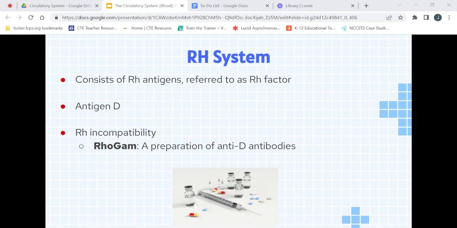When an Rh negative woman and an Rh positive man produce an Rh positive baby, the mother may be exposed to antigen D. A baby's blood does not normally mix with the mother's blood during fetal development. However, during the birth process, a few drops of the baby's blood may mix with the mother's blood. This contact stimulates the mother to produce antibodies against Rh positive blood.